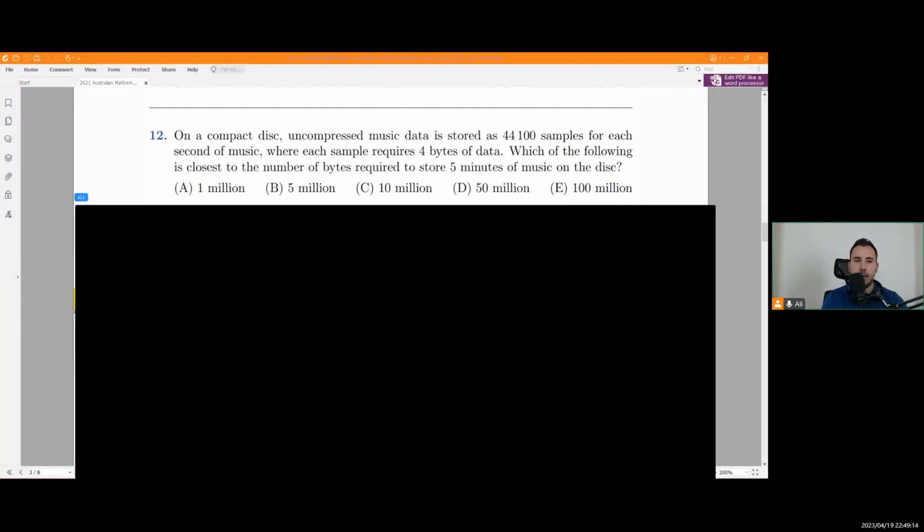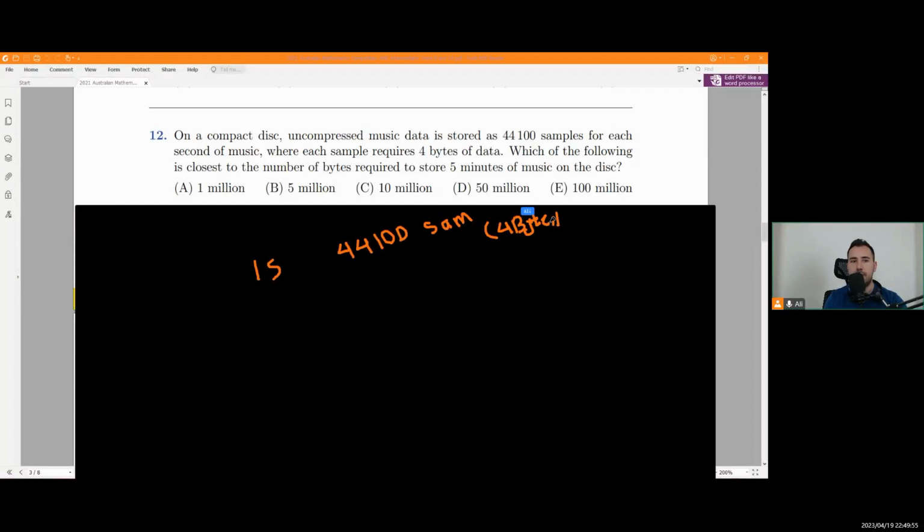So on a compact disc, a CD, uncompressed music data is stored as samples for each second of music. So 1 second will have 44,100 samples. I'm just going to write Sam, too lazy. Where each sample requires 4 bytes of data. So 1 sample becomes 4 bytes of data.